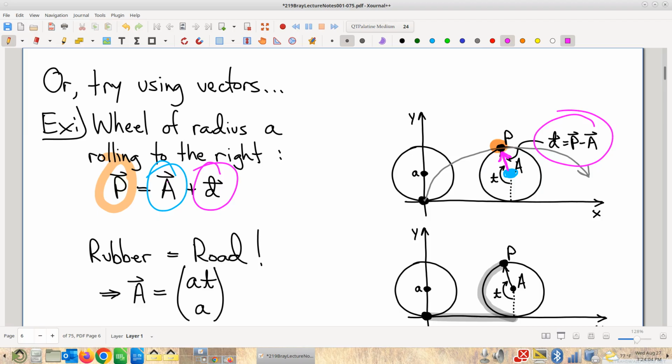So D is a vector represented by this arrow. This arrow has its tail at the axle and has its head at the reflector. Yes. So the vector A is from the origin to the axle. Yeah, that's right. So there's this thing where we very commonly like to conflate points and their associated vectors.